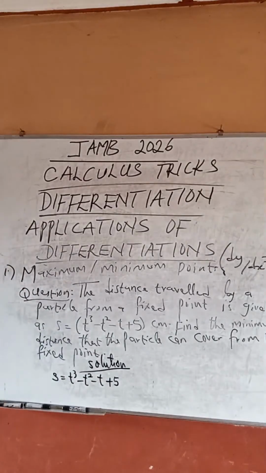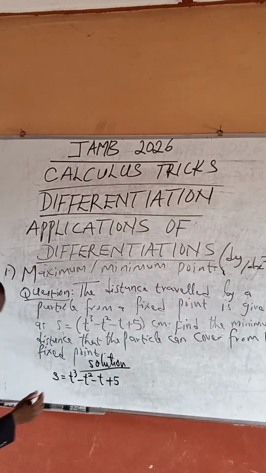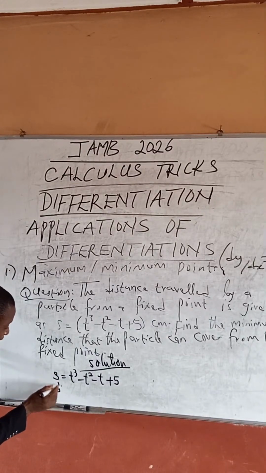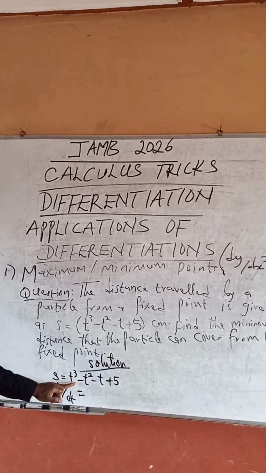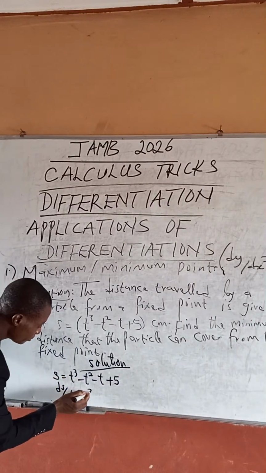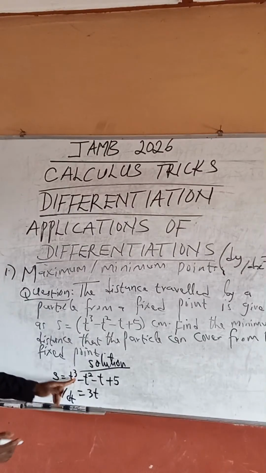This is what it is, right? Now let's differentiate. What is ds/dt? Let's differentiate with respect to t. So this 3 comes down here, becomes 3t. Then subtract 1 from 3, becomes square.